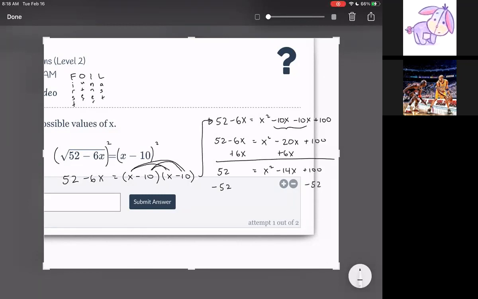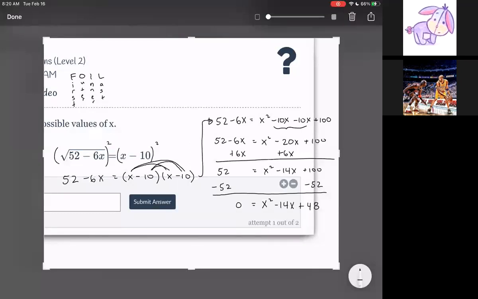You could have done those in one step, but I separated it out just in case it makes it easier for somebody. So 52 and 52 cancel out. We are finally left with 0 on this side. And here we have x squared minus 14x, and then plus 48. Pausing here, are there any questions?